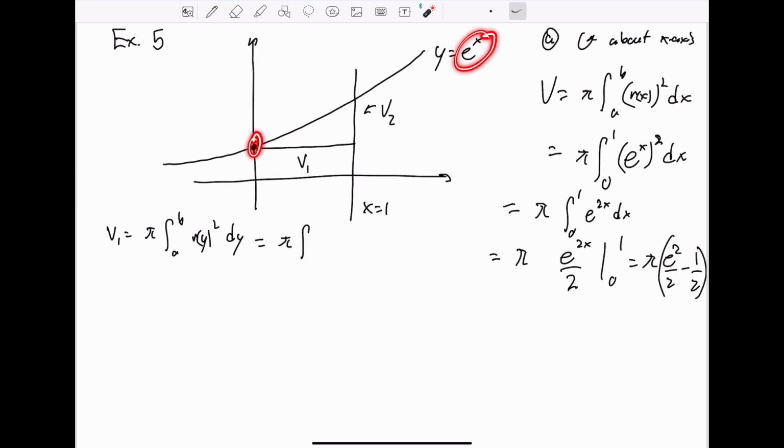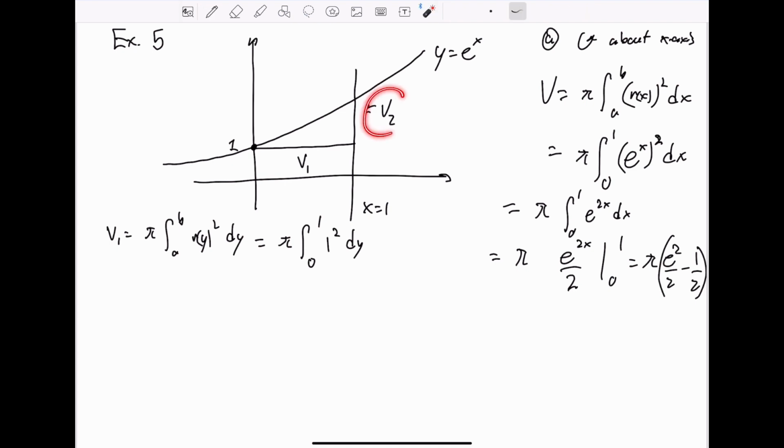That is the y value at 0. So this y value here is y equals 1. So for the integral, we integrate from 0, vertically adding up volumes until we get to 1. So the limits of integration will be from 0 to 1. The radius is this distance here, which is simply 1. So we integrate 1 squared dy.